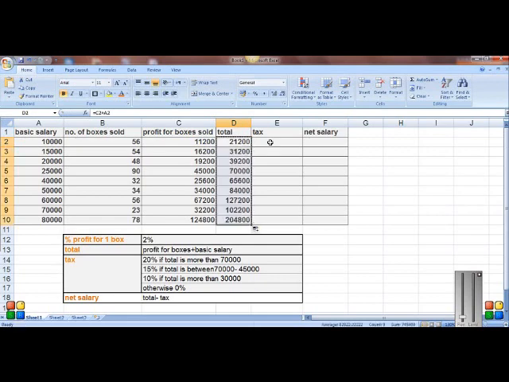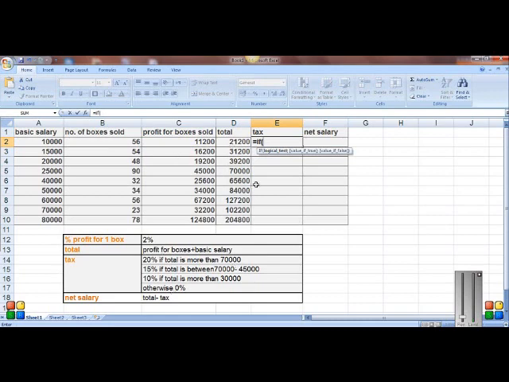Now the tax. The tax has so many conditions, and whenever a condition is there, the IF formula will be applied. So we start with the equal and IF. What do we want to know? We want to know how much tax will be deducted from this person according to these conditions. First of all, if his salary is more than 70,000, 20% will be deducted from his total salary.